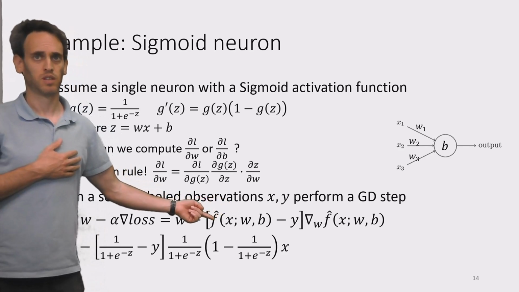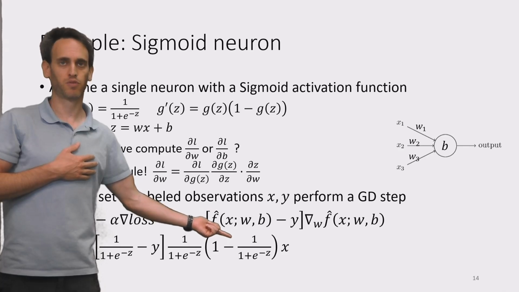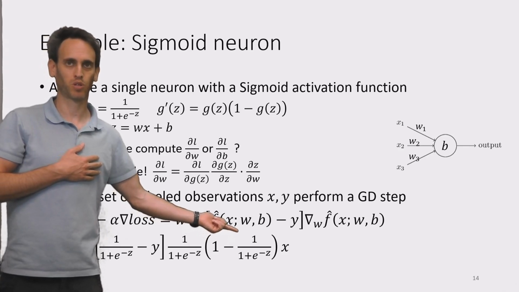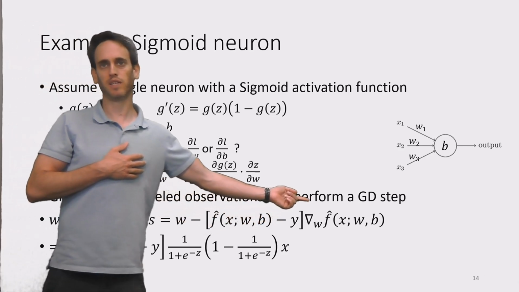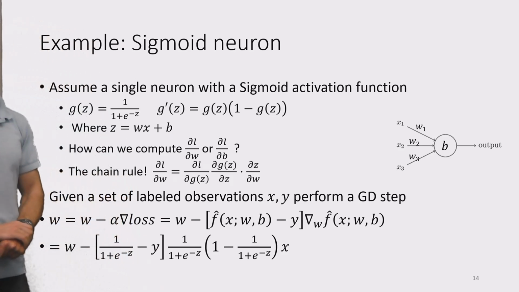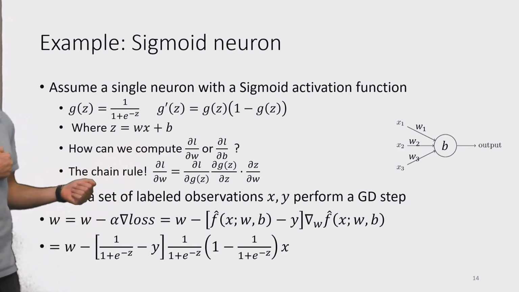So it might translate into the TD error, or the difference between our approximated value and the true value, the true y, multiplied by the gradient in our function approximator, in the activation function, in this case, in the sigmoid neuron.